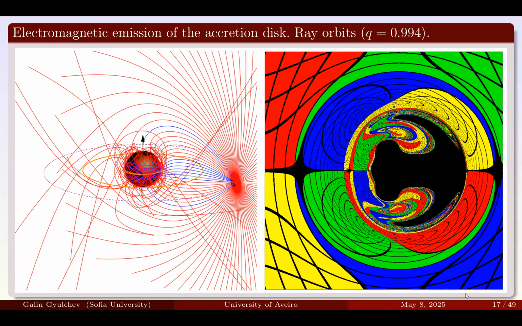Here you see what is happening with the ray tracing and how this ray tracing interacts with the different white rings, which are stable or unstable. It is very interesting to understand how this ray tracing actually leads to this picture of shadows.